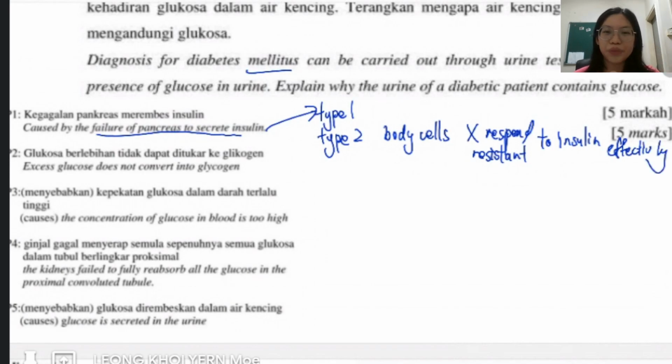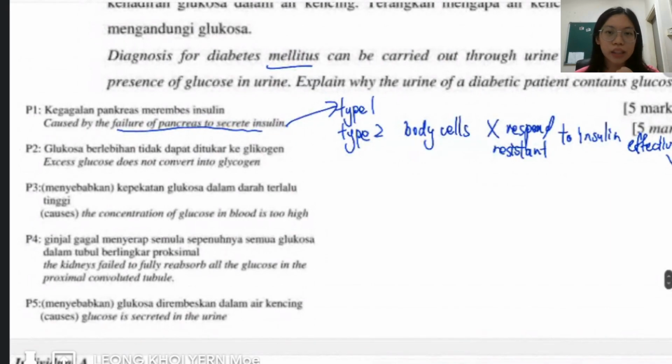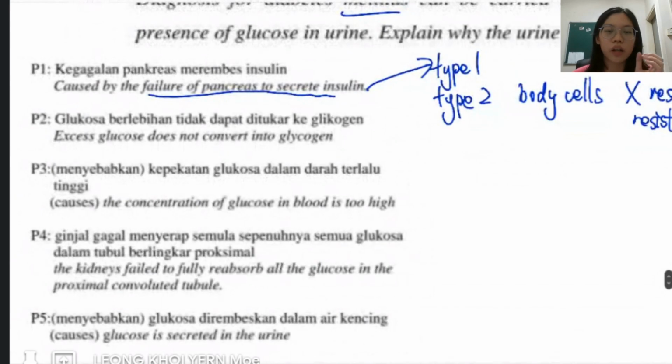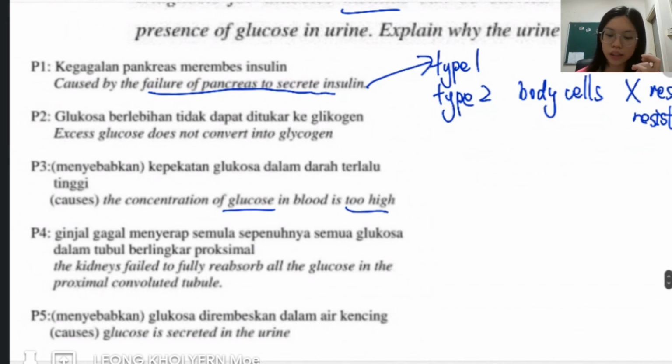So excess glucose is not converted, because insulin is the one that helps the conversion of glucose to glycogen. So now it fails to secrete, so the glucose cannot be converted, causing the glucose concentration to still become very high. This is basically explaining the diabetes mellitus patient condition, why the glucose concentration is so high.